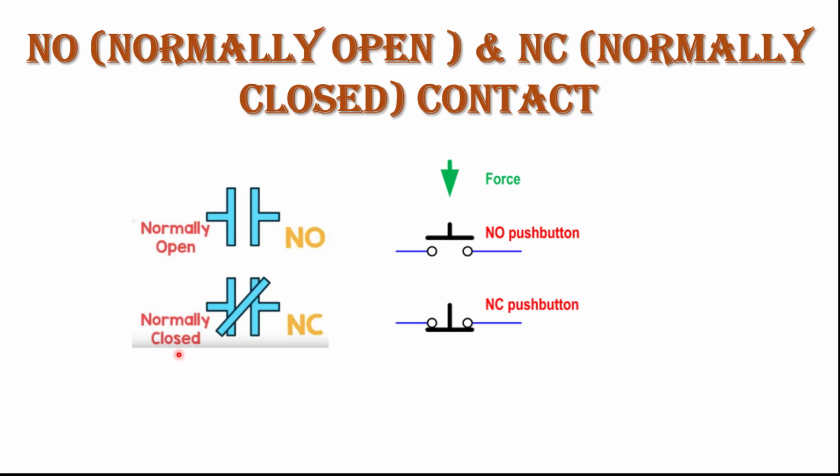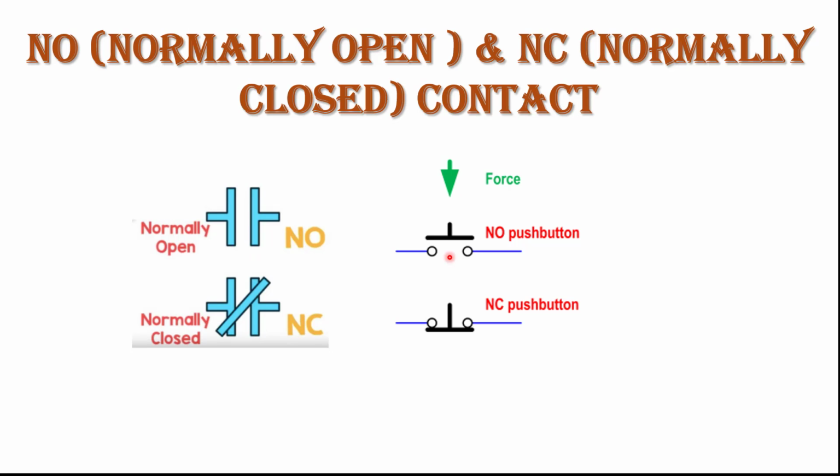This is called a normally closed contact. So the normally open contact is just like this, like the capacitor symbol, and the NC contact, the normally closed contact, is just like this. So the input is given in the form of NO or NC contact in a PLC ladder diagram.